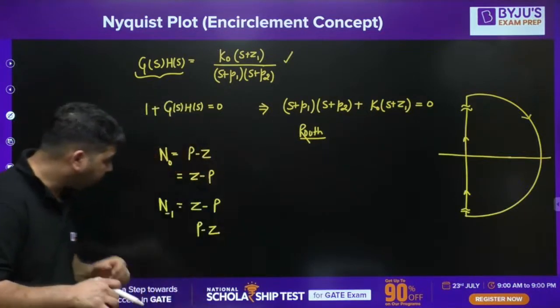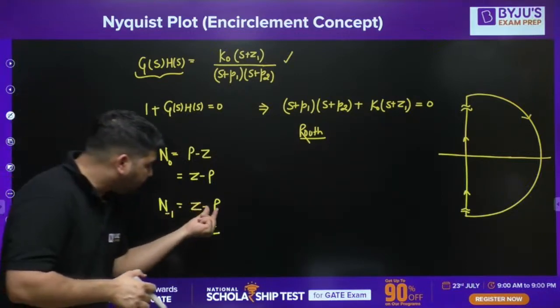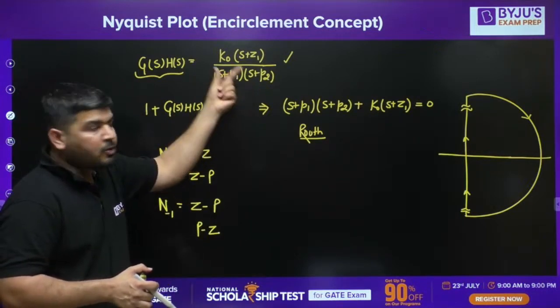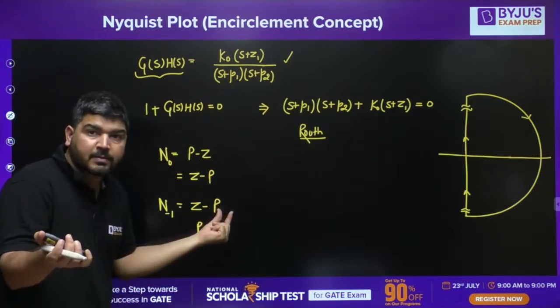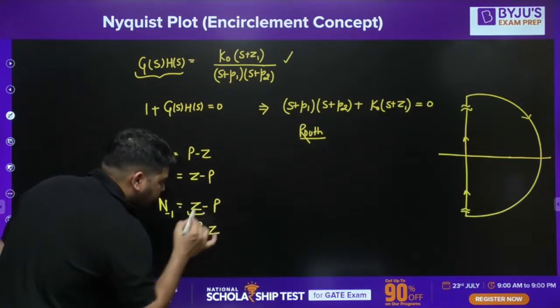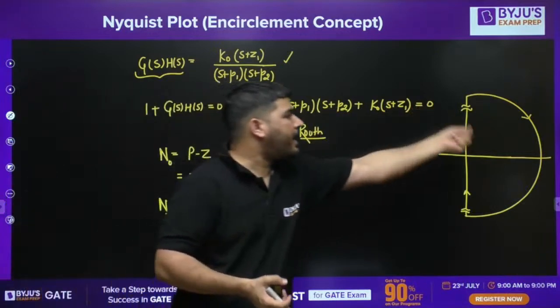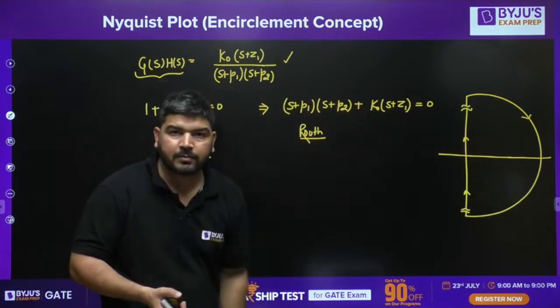Now the interesting thing is, the poles of 1 plus G(s)H(s) and the poles of G(s)H(s) are the same. So with the help of G(s)H(s), you can calculate this P. The question is how to calculate the zeros of 1 plus G(s)H(s). The zeros of 1 plus G(s)H(s) in the right half contour can be calculated using Routh.